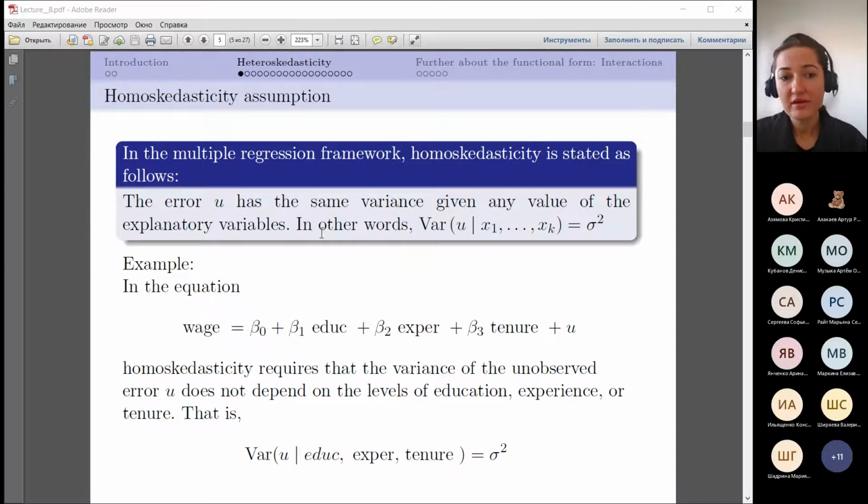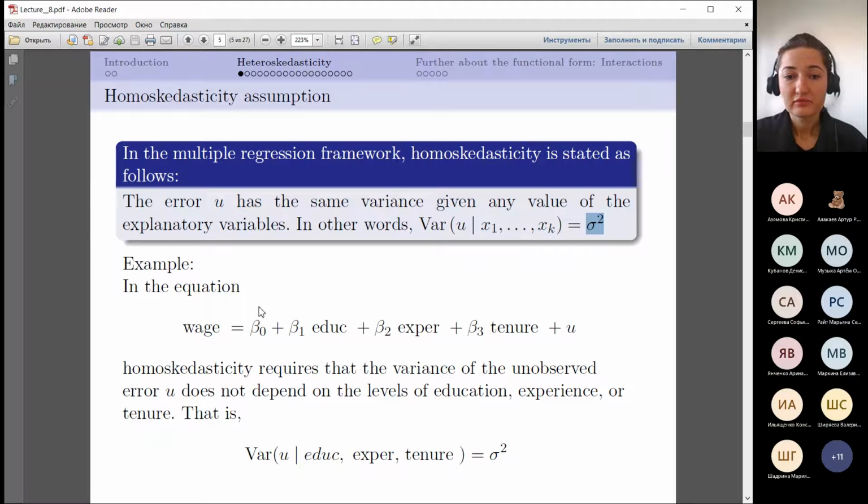It means that the error has the same variance given any value of X. Mathematically, you can write this as follows: the variance of the error term conditional on the explanatory variables is the same for all combinations of outcomes of the explanatory variables, or in other words, it equals some constant.